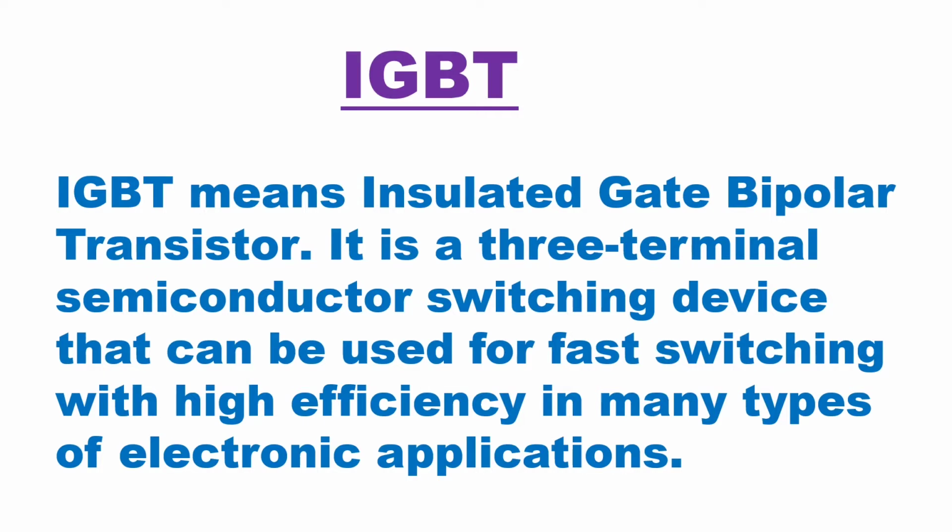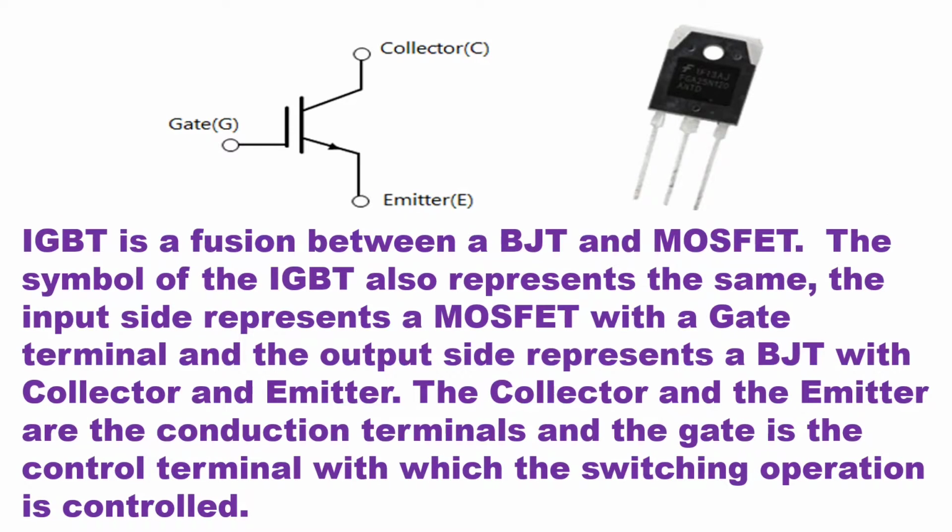Then if you see the symbol of IGBT, you can see you are having gate, collector, and emitter. It is a fusion. Here you can see the gate, which is like your FET, the control terminal.